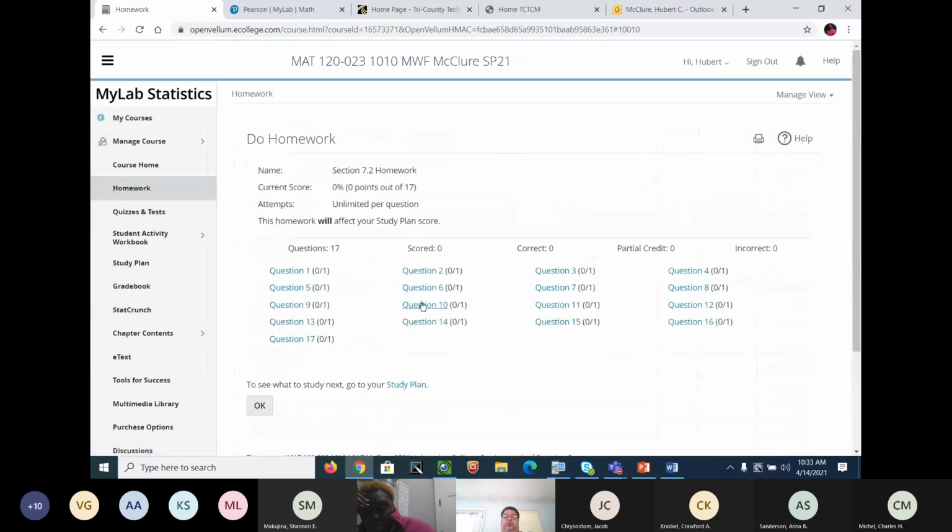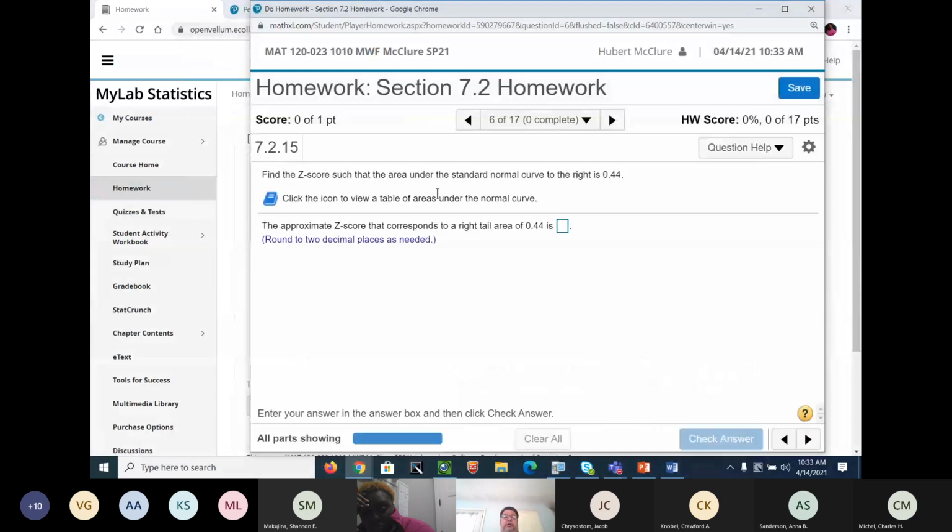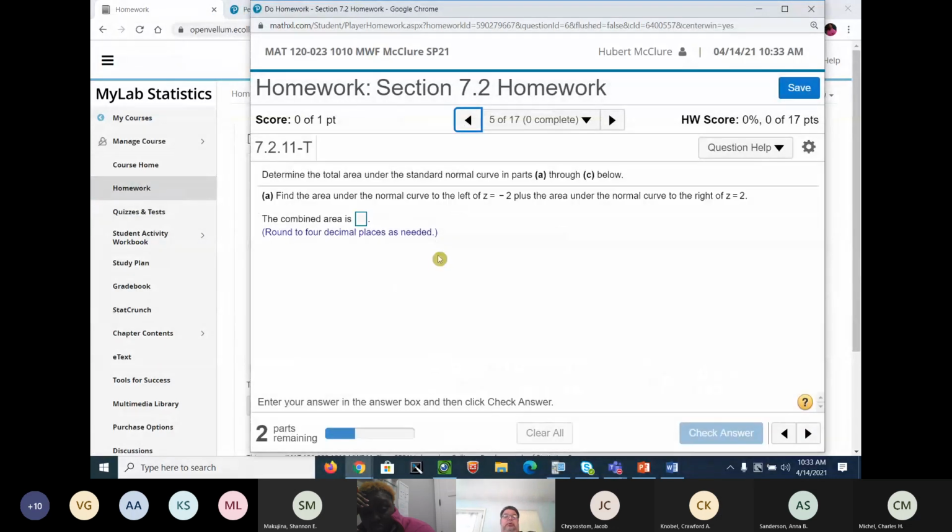The first 5 or 6 questions we've already gone over. They give you 4 z-scores and you draw it. Okay, here's one. This one is a little bit different from the ones we did before. I want you to draw a picture of it, and then use your calculator to actually do the area.